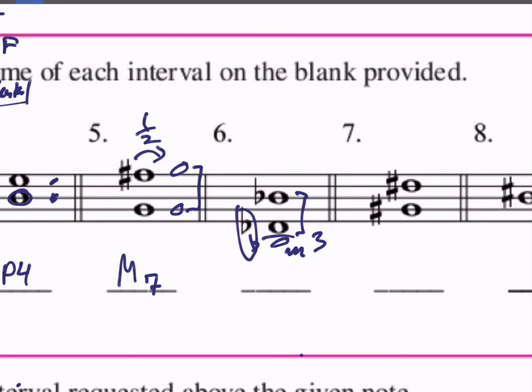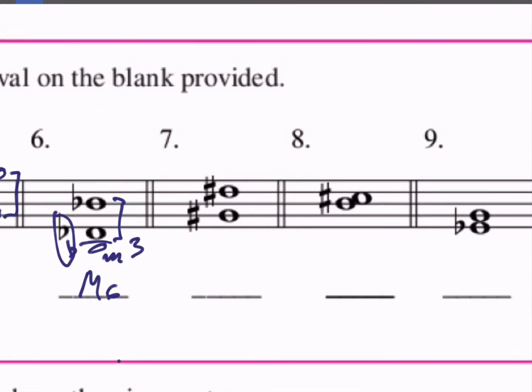If I flip it around or invert it, it's got to be major 6. This one here, it's a fifth and with the same accidental, and it doesn't contain both B and F, so it's got to be perfect.